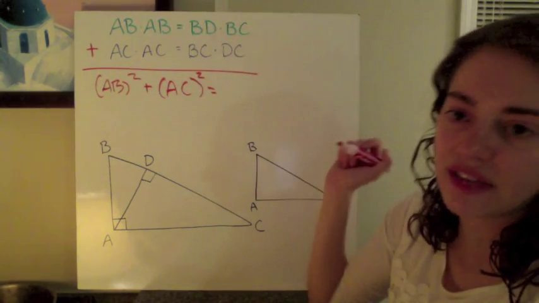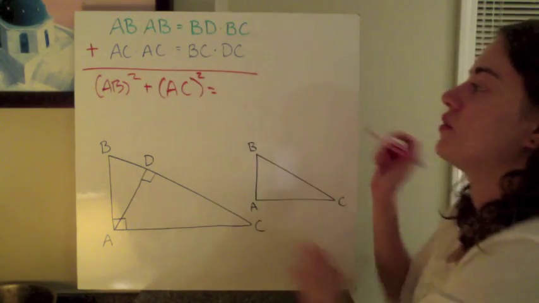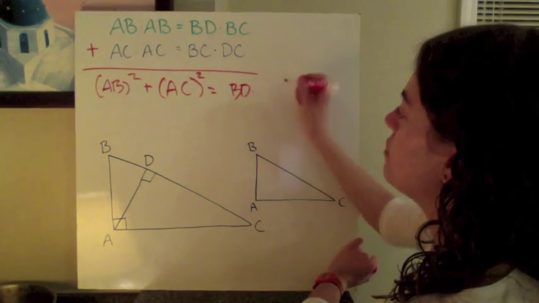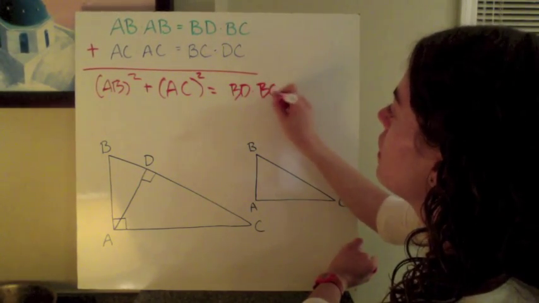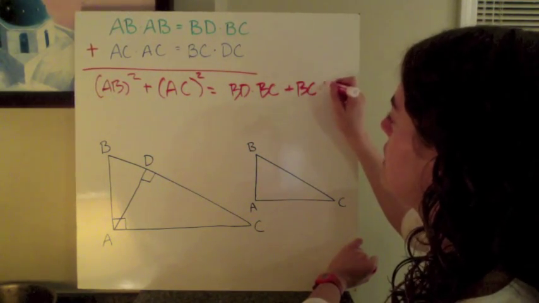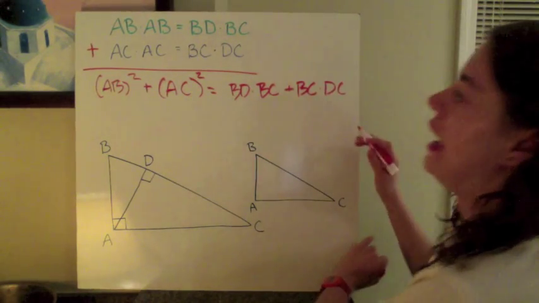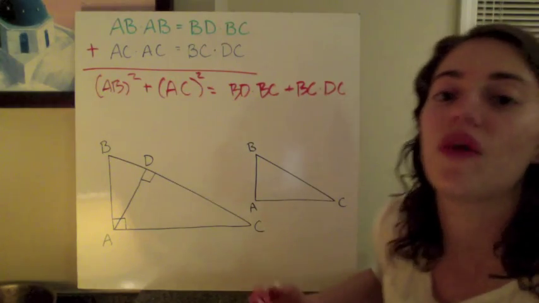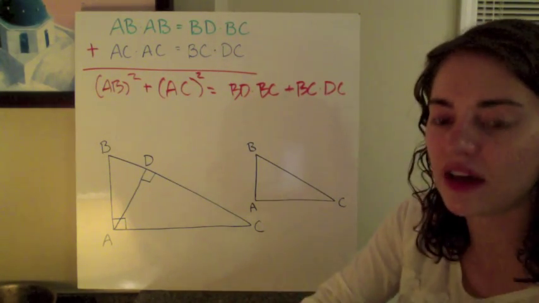We've dealt with the left side of our equal sign. Now let's add to the right. We're going to have BD times BC plus BC times DC. And we couldn't put them into cute little formulas like that because we didn't have the same thing being multiplied by itself.